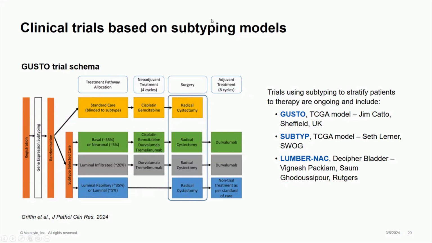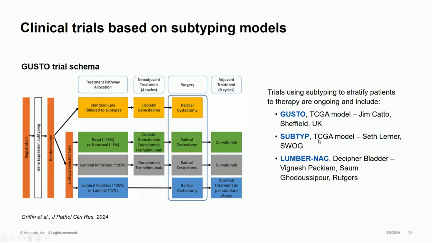The design of this trial is basically randomization to standard of care or to subtype-stratified therapy. What's important here is that this particular group, the luminal papillary tumors, are going to go right to radical cystectomy. This group, and I'll show you some data downstream, is very consistent with our luminal tumors, which I've shown you have good outcomes without chemotherapy. And I'll show you how this aligns in the end.